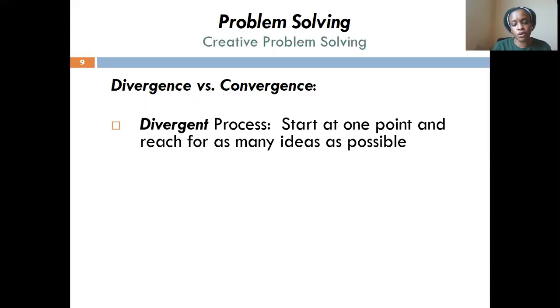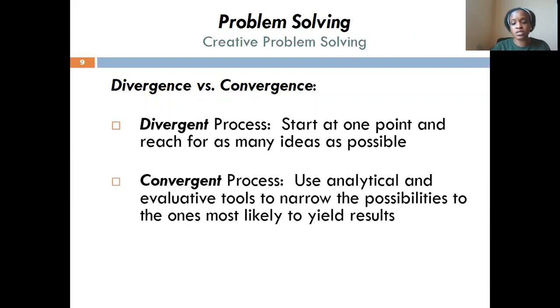If you remember a couple of weeks back when you did your ideating activity, you had a problem statement, and from that problem statement, which was one point, you came up with a plethora of different ideas on how to solve that problem. So that's the divergent process.